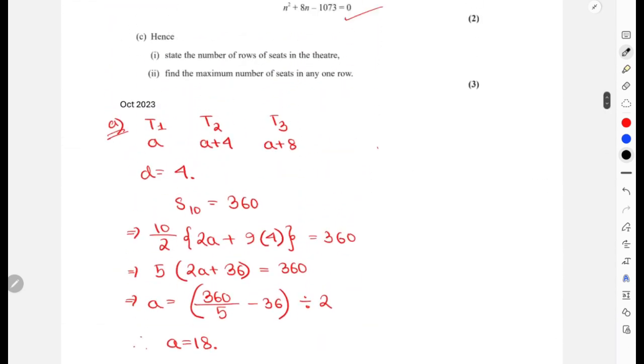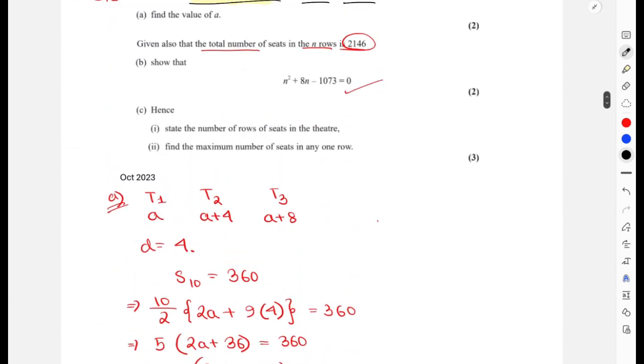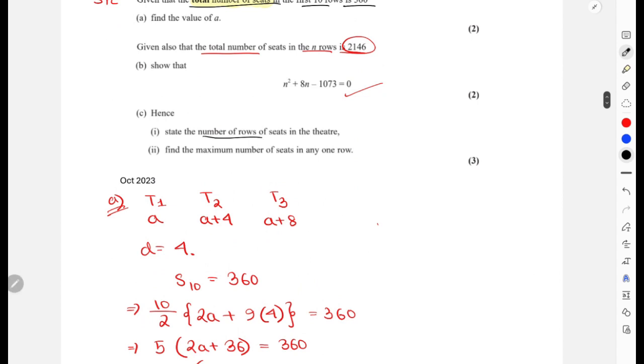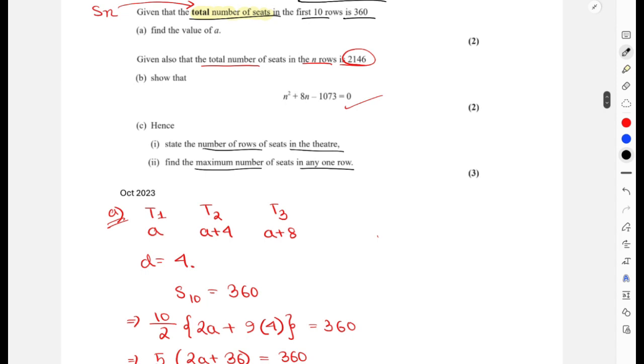For part C, if you go back, now they want you to state the number of rows of seats in the theater and the maximum number of seats in any one row. Given also that the total number of seats in the n rows is this.